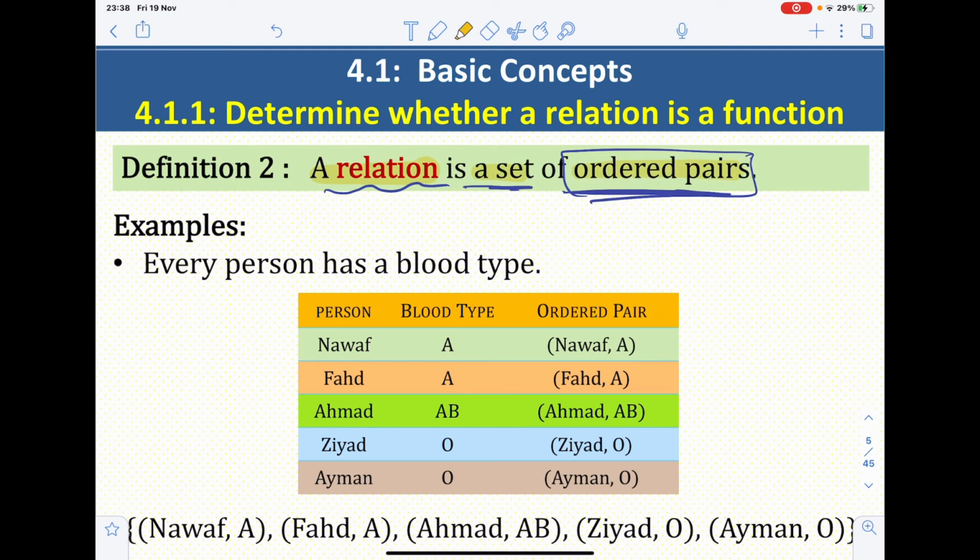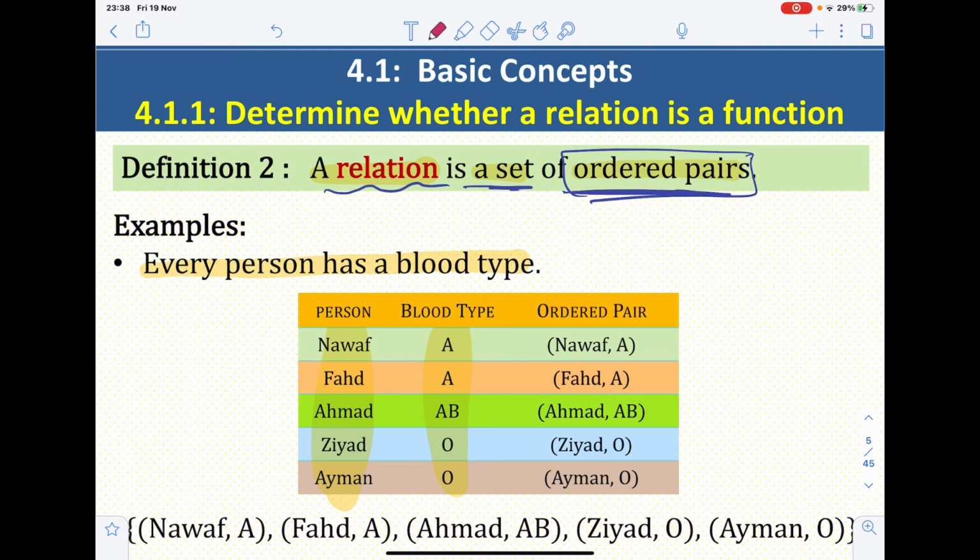This is the relation. So every person has a blood type. As you see here, we have Nawaf, Fahad, Ahmed, Ziyad, Ayman. We match those people to the blood type of each one.